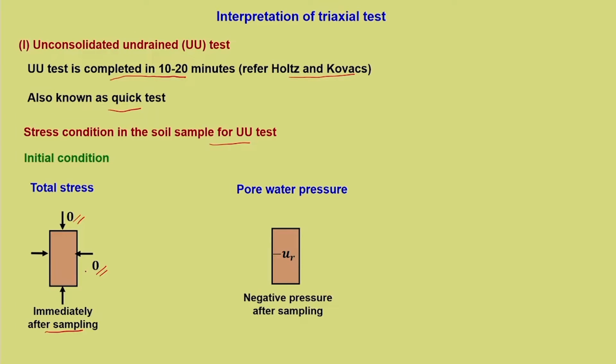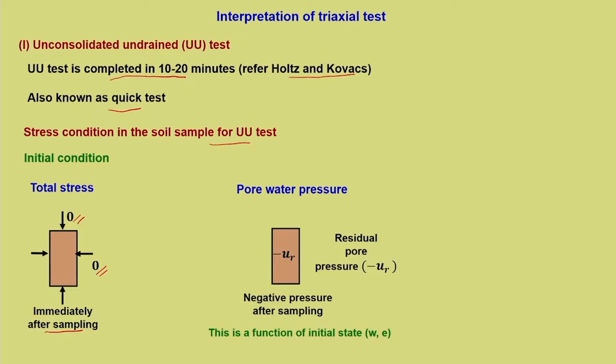Due to release of the confinement, the pore water pressure tends to be negative. Now, this is represented as minus UR. So, this is negative pressure after sampling, and this UR is known as residual pore pressure. This UR, or the negative UR, is instrumental in preserving the sample or holding the sample intact. This also we have discussed in the previous lecture.